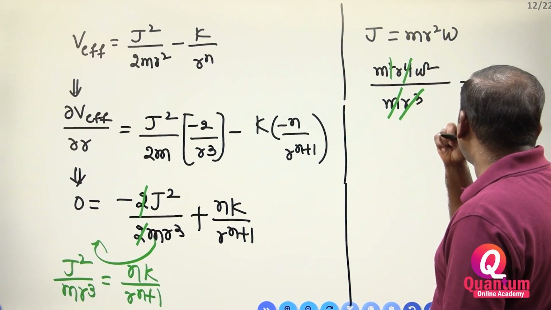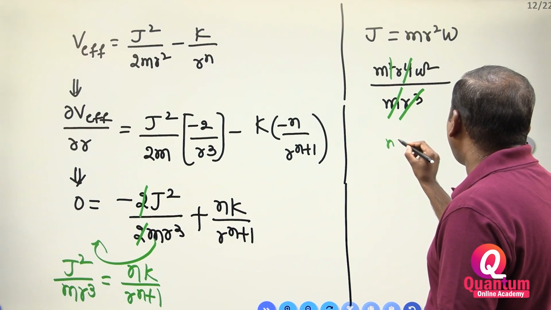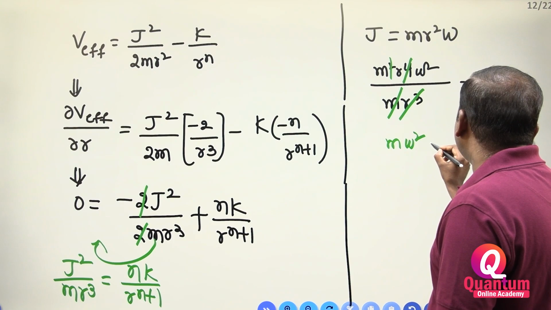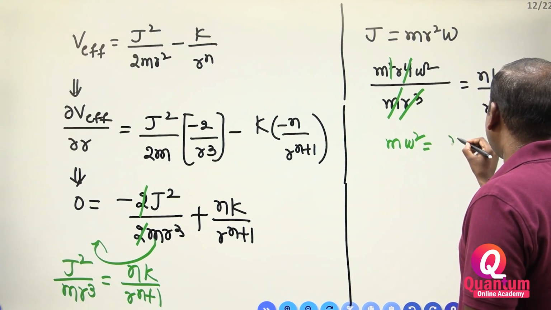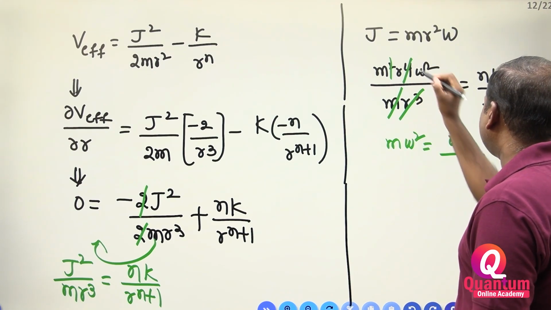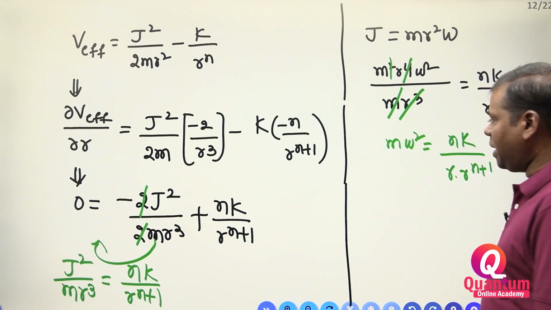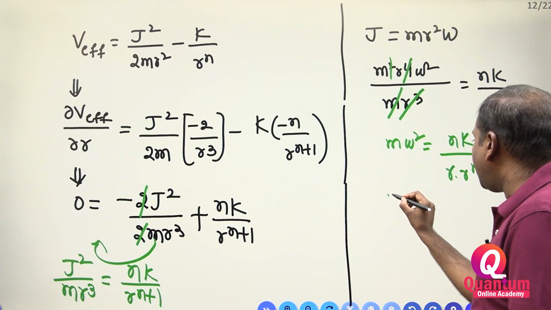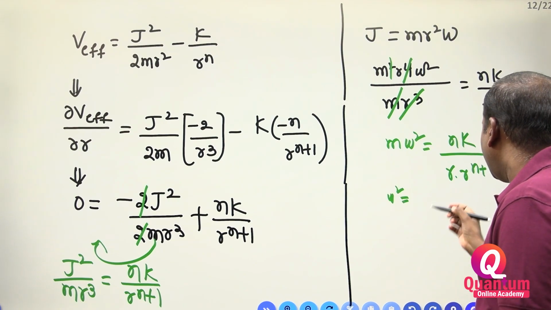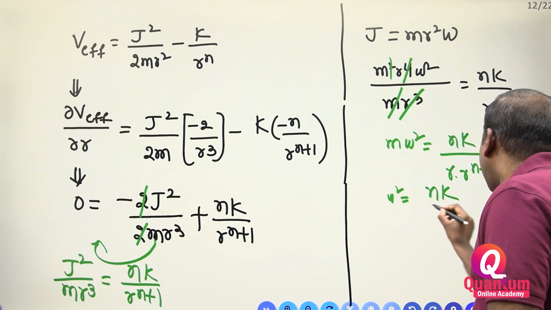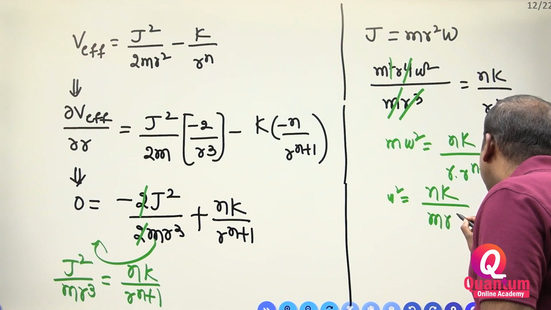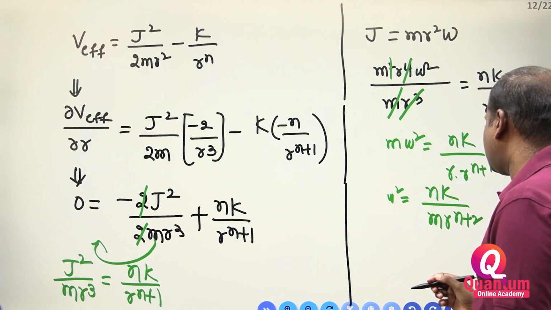So we get m omega square equal to nK divided by r into r to the power of n plus 1. Omega square is equal to nK divided by m r to the power of n plus 2.